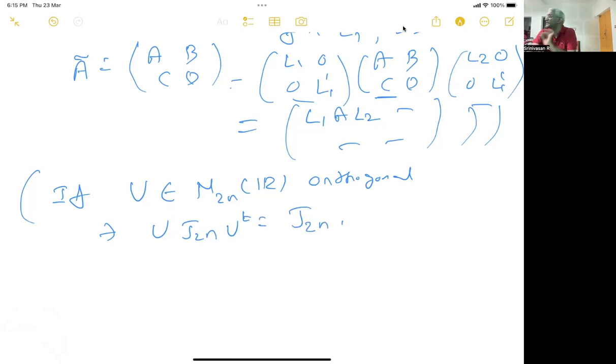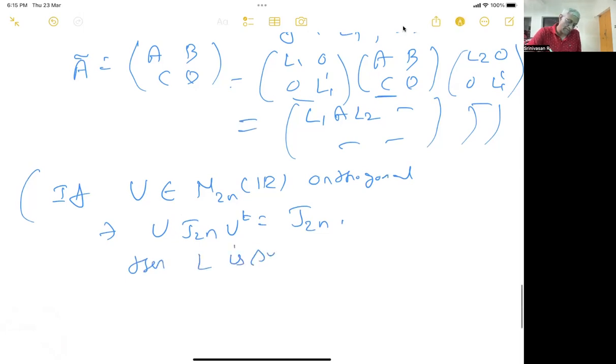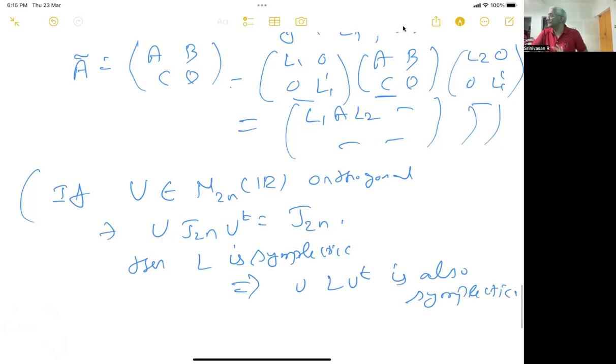If U is such a matrix, then L is symplectic implies U transpose L is also symplectic.